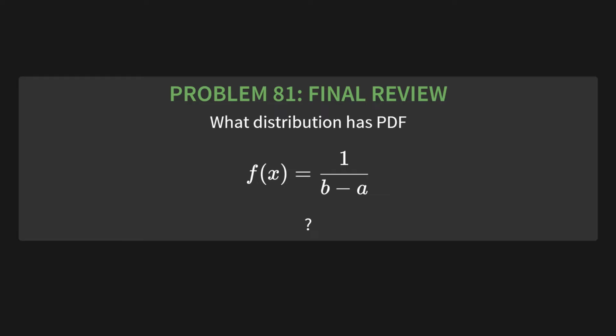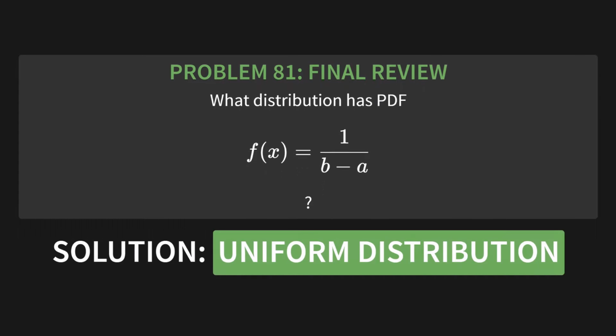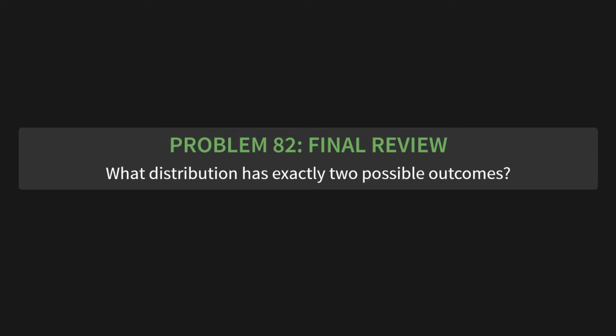What distribution has PDF f of x equals 1 over b minus a? Uniform distribution. What distribution has exactly 2 possible outcomes?